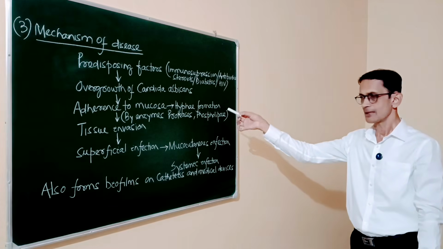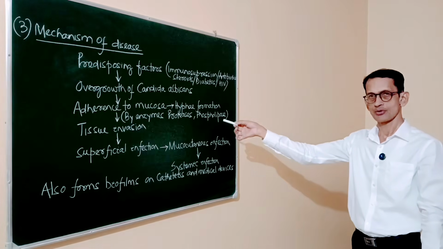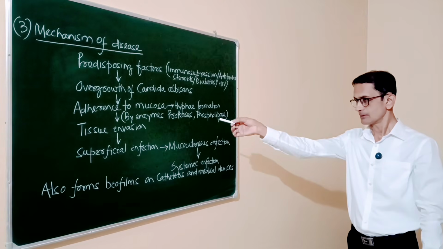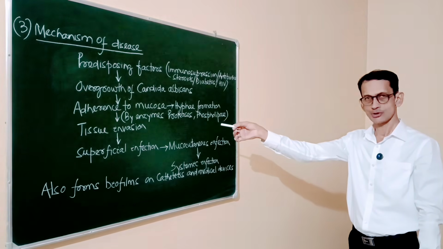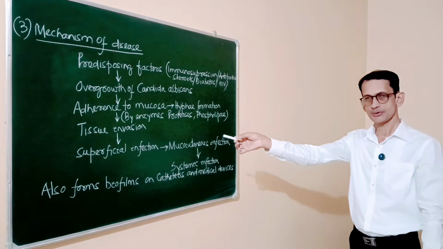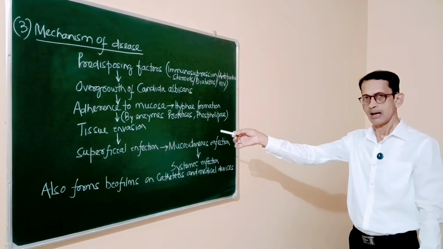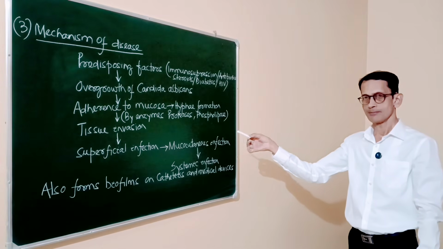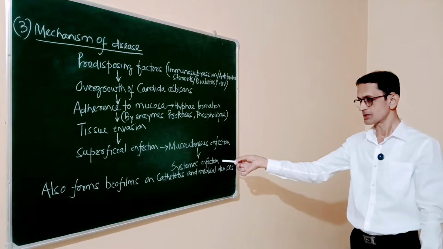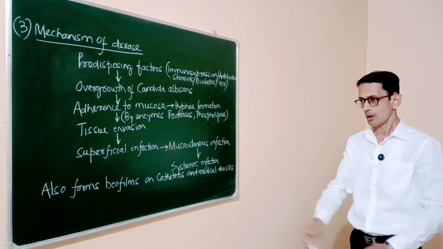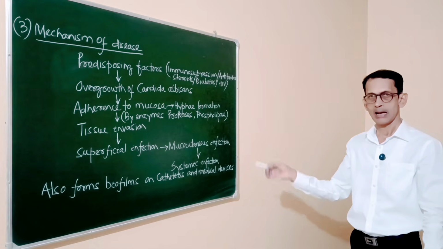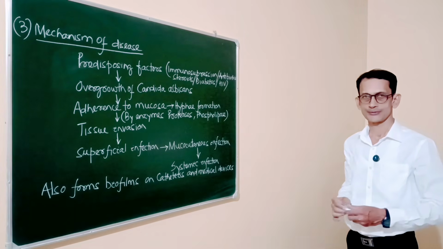These hyphae produce the enzymes, proteases and phospholipase, through which they do tissue invasion, and after tissue invasion they produce superficial infection, which leads to mucocutaneous infection, and if untreated, systemic infection. Also forms biofilms on catheters and medical devices.